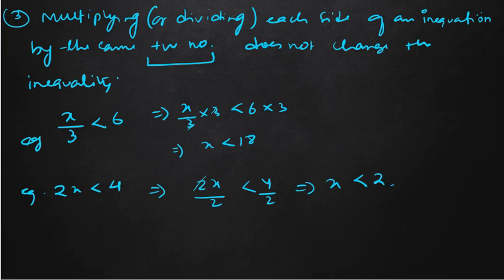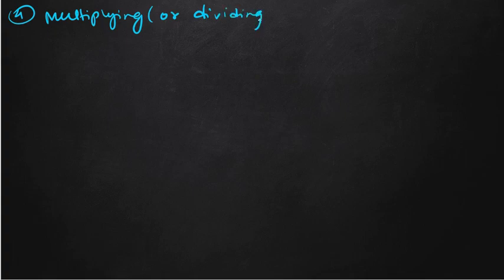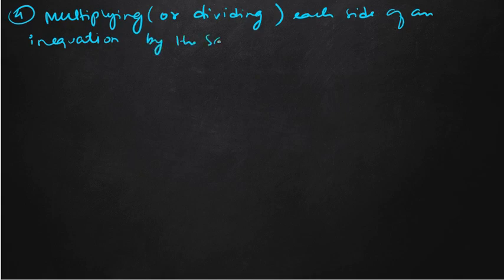Okay. Now comes the very important property. This is the fourth property. Very important, so listen to this property clearly. Multiplying or dividing each side of an inequation by the same negative number.